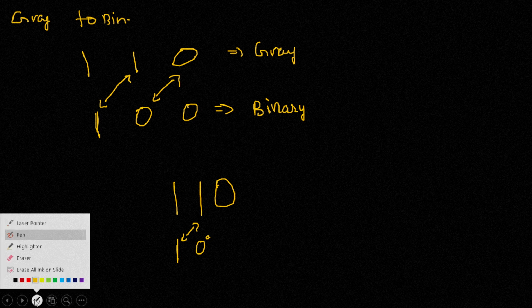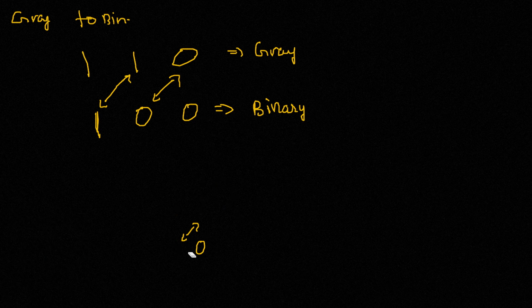Let's take a different number, which is 111. Here 1 is the most significant digit, and that remains the same. Then 1 and 1 are the same, so we write 0. And then 0 and 1 are different, so we write 1. So that is the binary equivalent of 111 in gray.